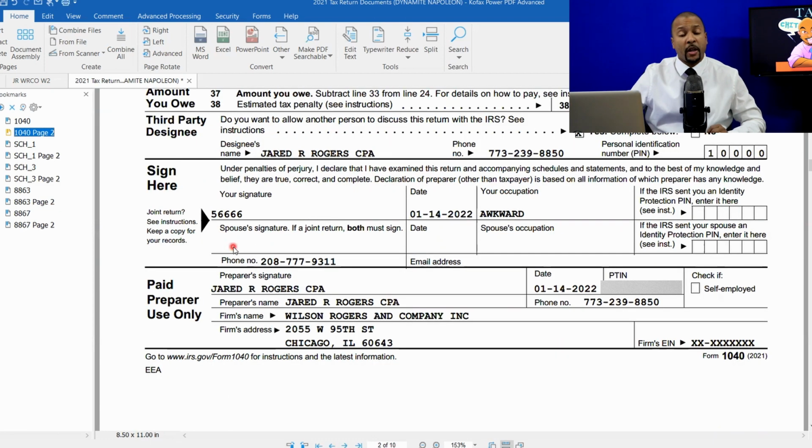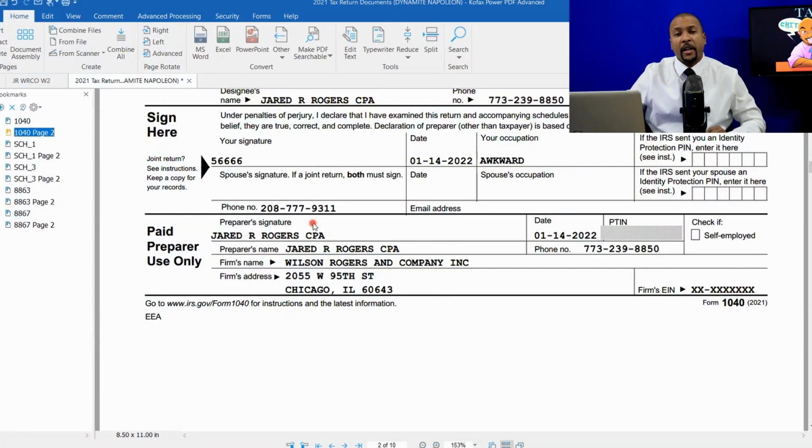This return is going to be electronically filed, so Napoleon enters in a 5-digit PIN, dates the return, and he lists his occupation. Awkward. He'll also include his telephone number, and if he wants to, he'll include his email address. But just be advised, the IRS doesn't contact people via email nor via phone, so who knows why we have to list this stuff, right? And once again, because he used a paid preparer, the preparer's information and their firm are going to be listed down below.